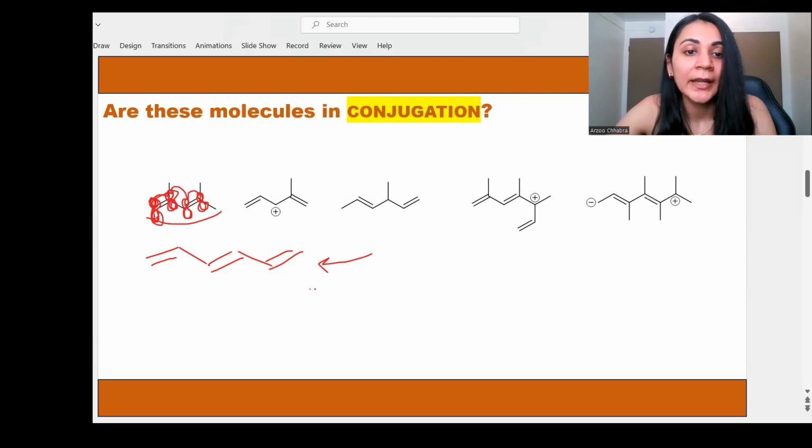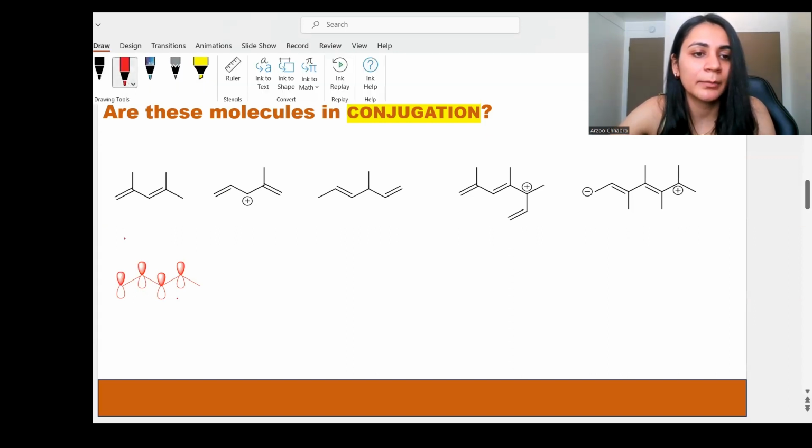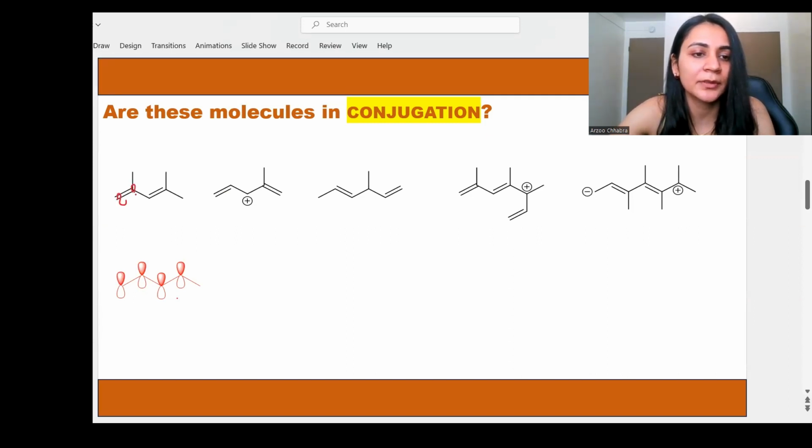And now let's think about what happens when there is a positive charge, right? Okay. Before we do that, let's go back to the previous molecule really quick and think about the orbitals one more time. So again, this carbon has a p orbital, this carbon has a p orbital. They are in conjugation.